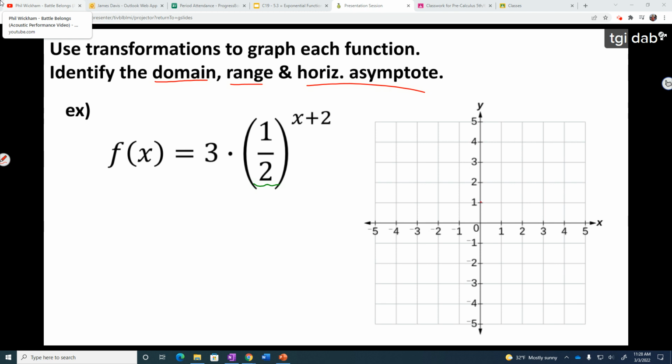So we're still putting 1 at 1. We still have our asymptote, but instead of increasing, it's going to be decreasing. You just make sure it doesn't cross your asymptote.